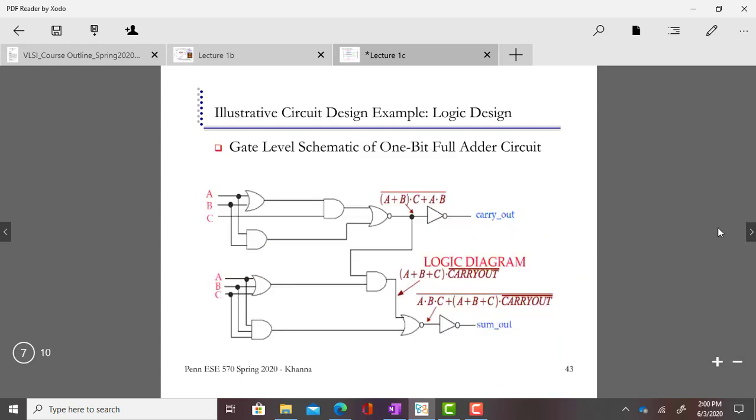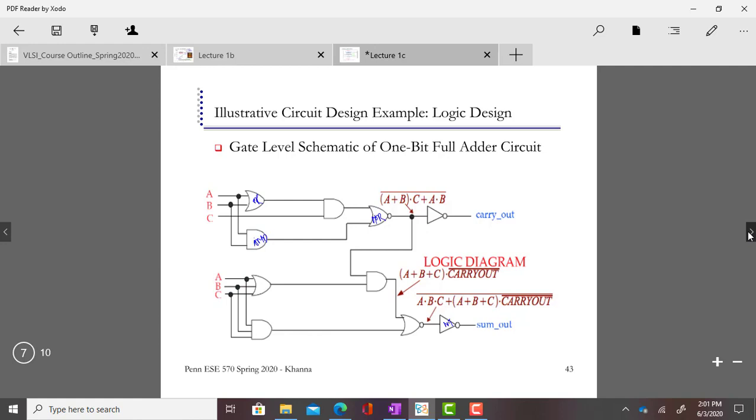So this is that equation, and this is the gate level schematic of a 1-bit full adder. You see here are all the logic gates: we have OR gate, AND gate, NOR gate, and NOT gate. This is the logic diagram of the equation generated by the synthesizer.